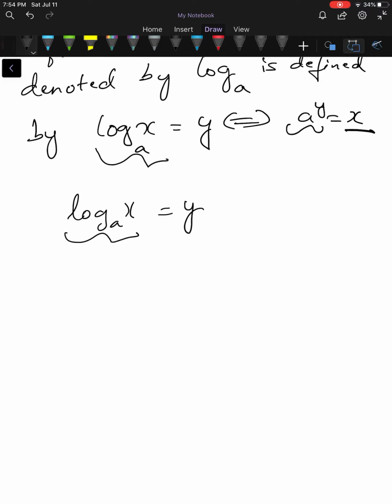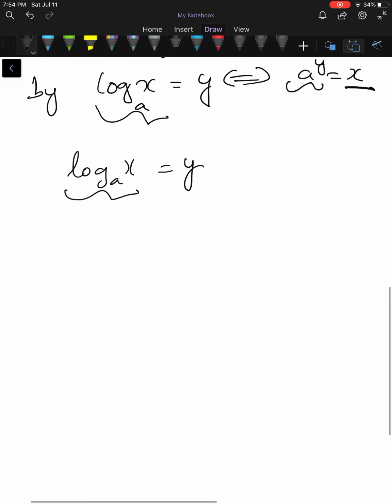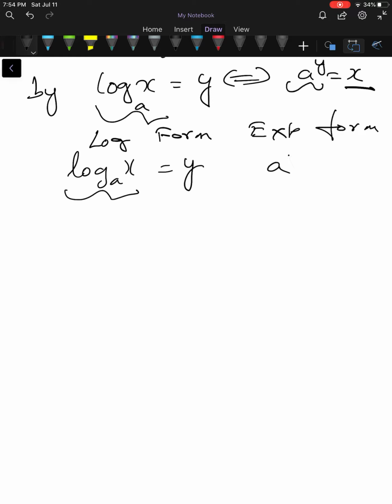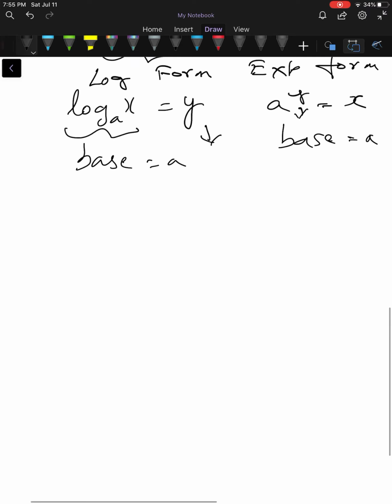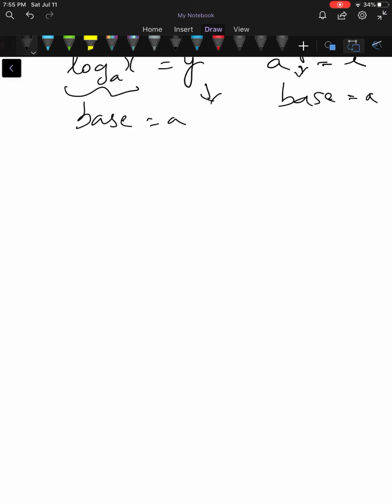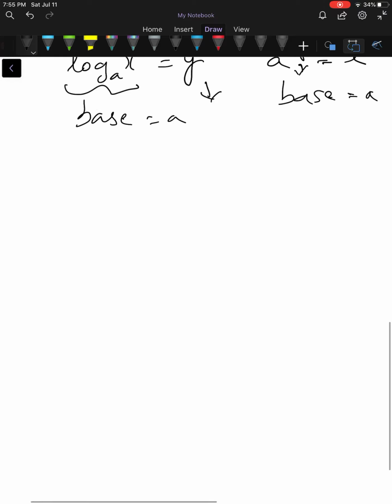The base for the logarithmic function and the exponential function is the same, a, and the exponent is y in both cases.